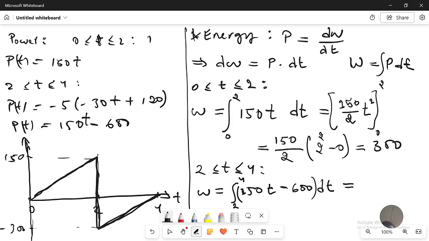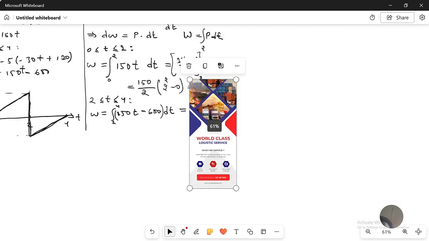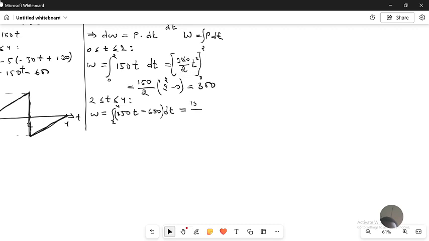When you integrate this, I will have 150 by 2 T squared minus 600T, because the integration of this one is 150 by 2 T squared, minus the integration of this one, which is 600T, from 2 to 4.